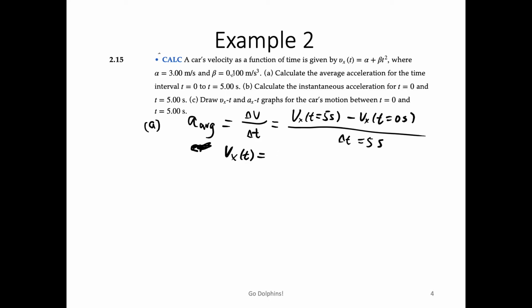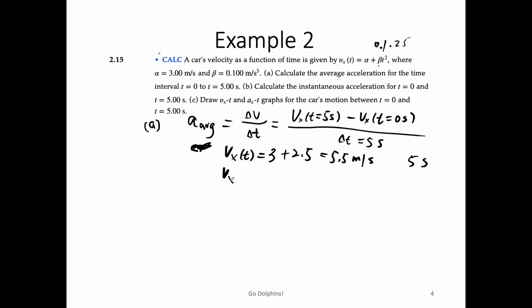Actually this is 0.1 times 5 squared, right? 25. So it'd be 3 plus 2.5, 5.5 meters per second. That's the velocity at t equals 5 seconds.